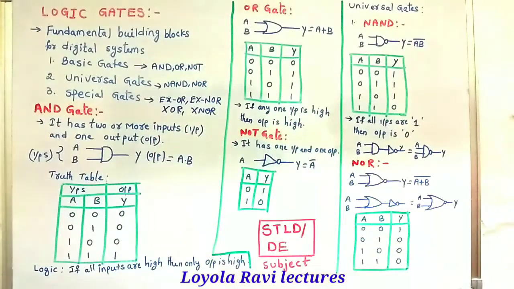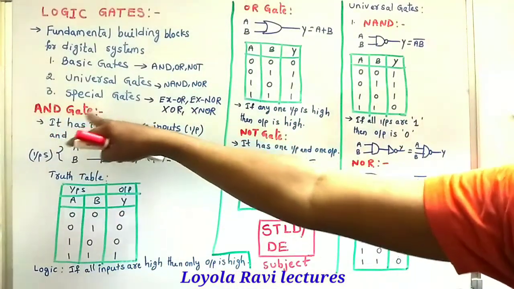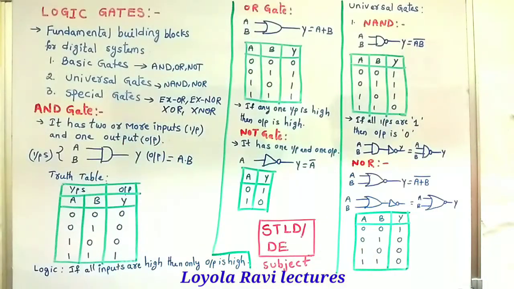Then go for the first one, AND gate. For any gate, we have different inputs and different outputs. That we have to know first of all, otherwise we can't understand the operation of those gates.